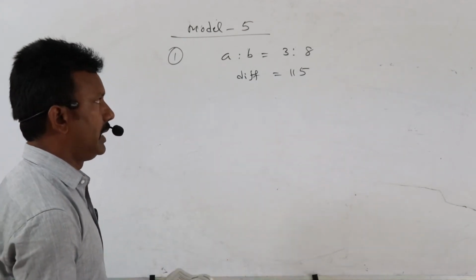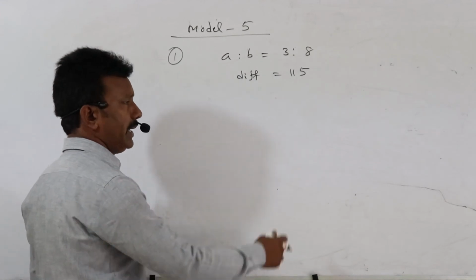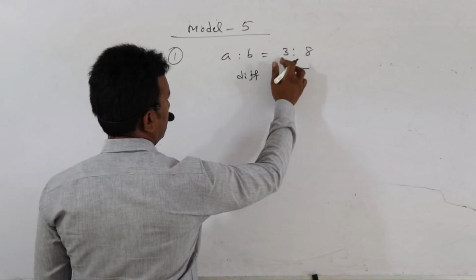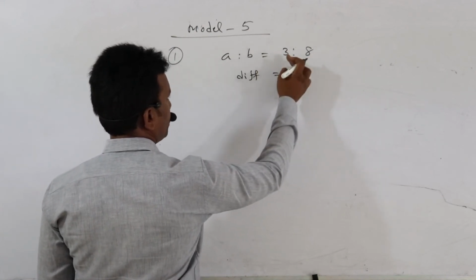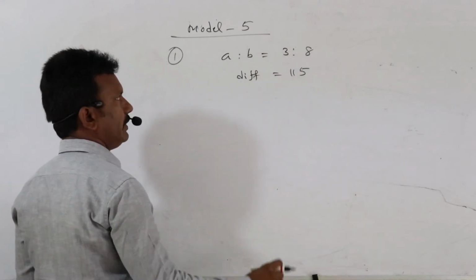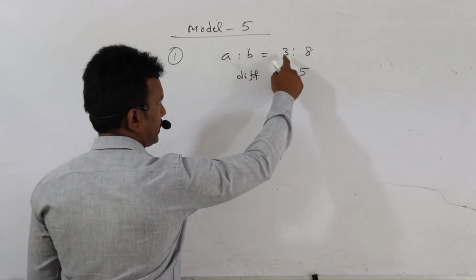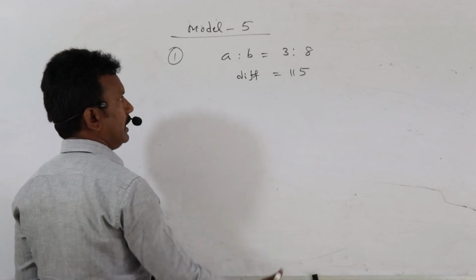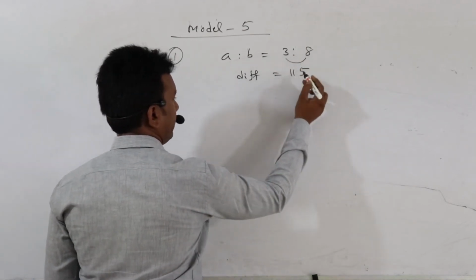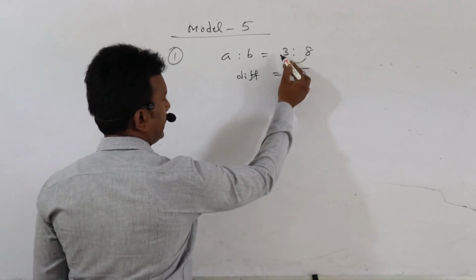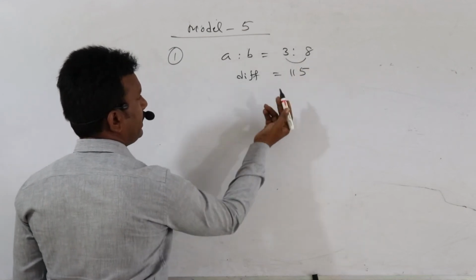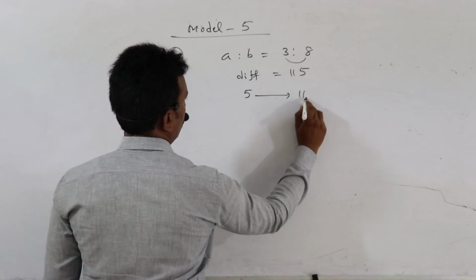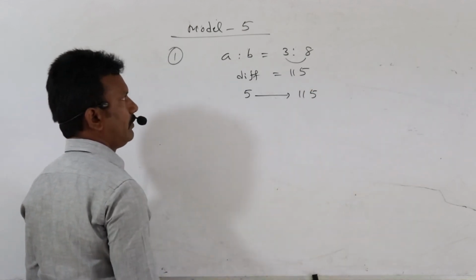So clearly, the parts of the ratios we are finding: the ratio parts are 3 and 8. These are the given parts. The difference of the ratios, 8 and 3, so 8 minus 3, 5 parts. So the difference of 5 parts is given as 115.